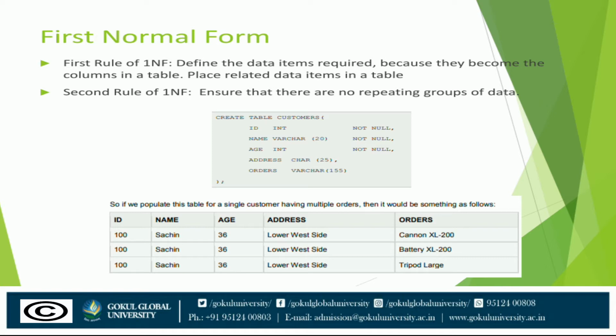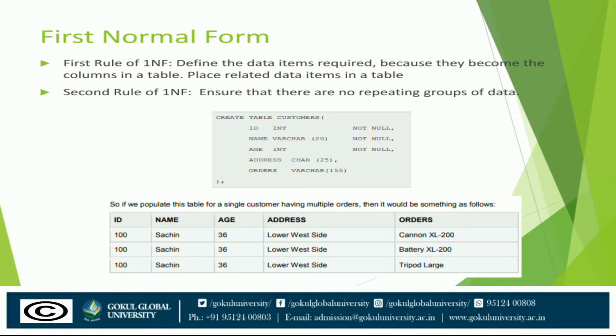Second rule of 1NF, the next step is ensuring that there are no repeating groups of data. Now consider the tables. Here we see a customer table with a number of fields: ID, name, age, address, and orders.